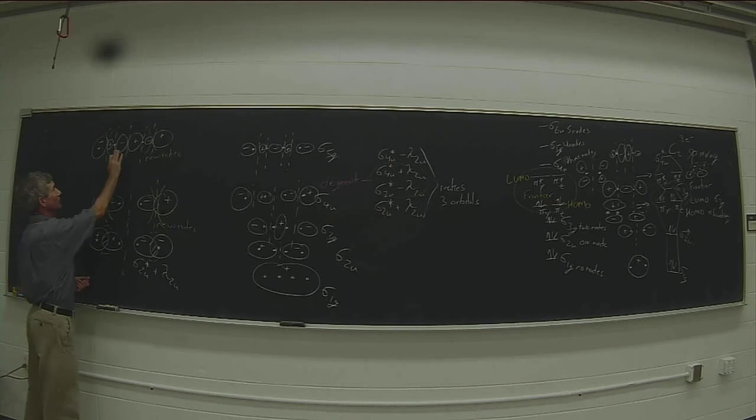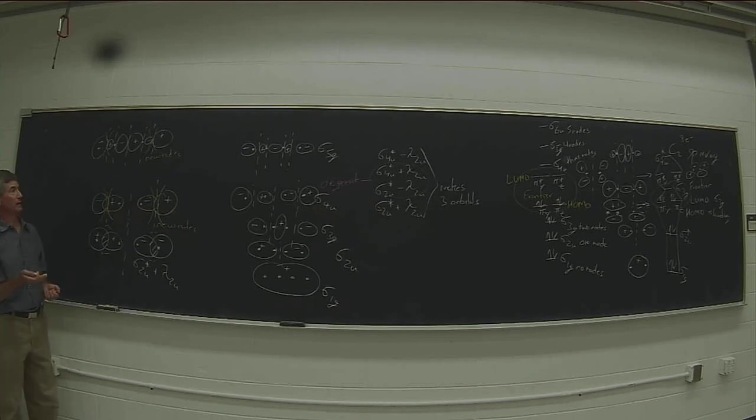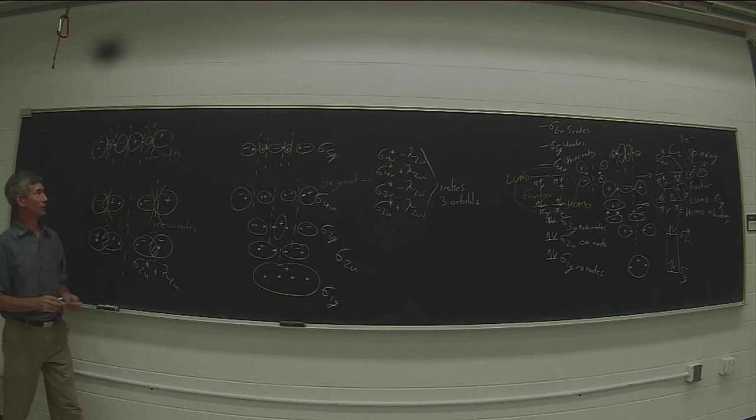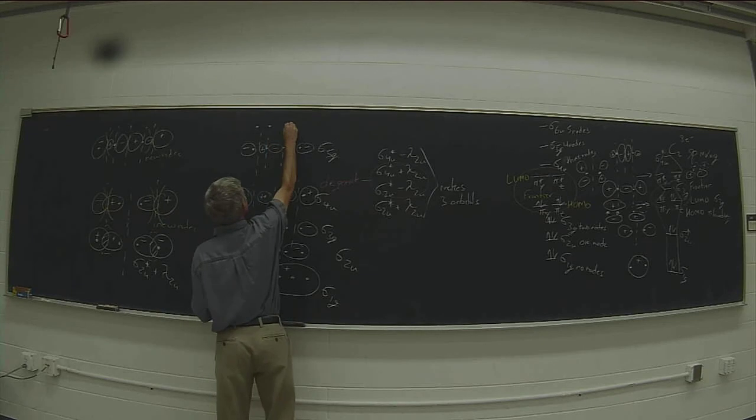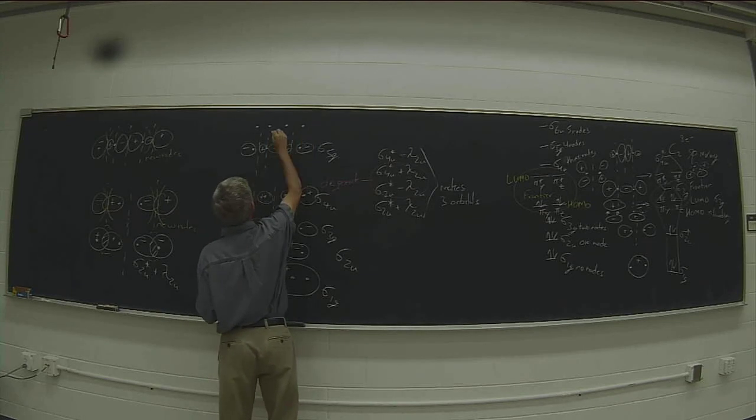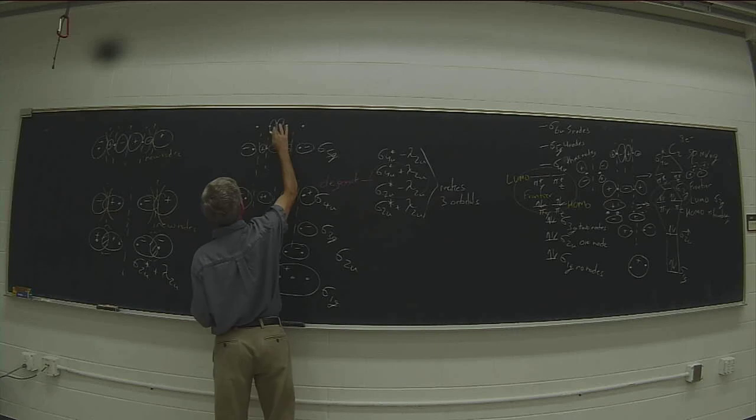Not only is it anti-bonding with respect to all of the different possible combinations of atoms, but it also has the extra 2 nodes. And it will look like this. We'll still have those 2 big lobes in the middle, the phase.